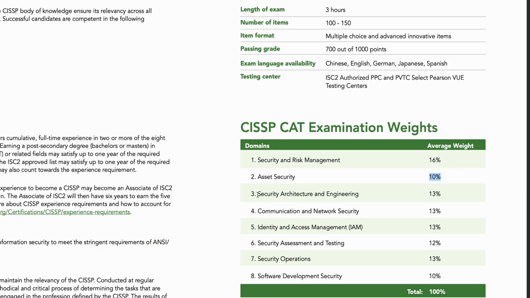Third module is security architecture and engineering. The words are very heavy, but actually it is not heavy, because it is something like how you are building a system. Building a system means you need to build the authentication systems. So how would you like to make this?